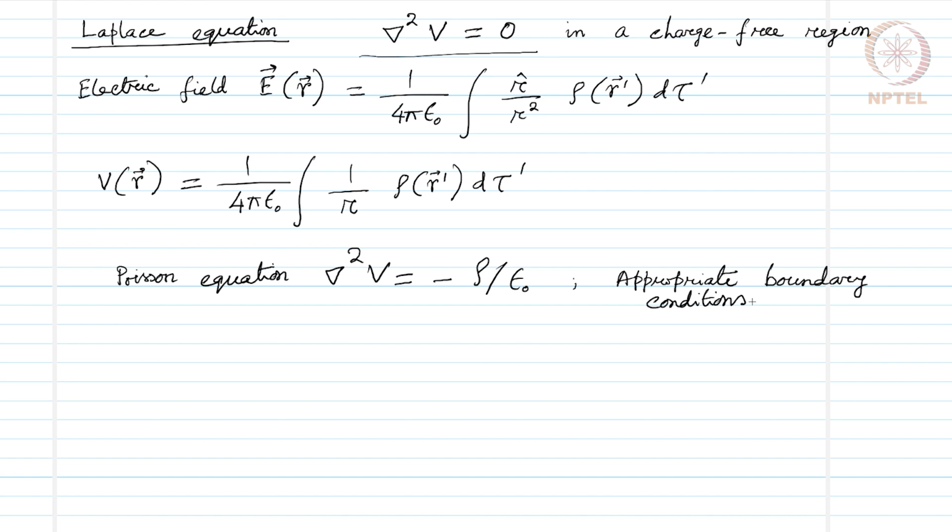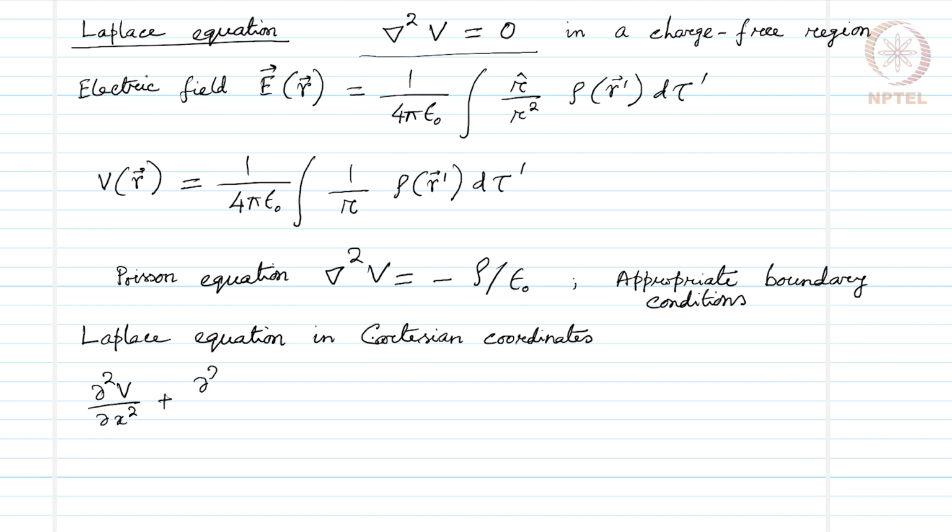Let us write the Laplace equation in the Cartesian coordinate system. We can write del 2V del x2 plus del 2V del y2 plus del 2V del z2 equals 0 in a charge free region.